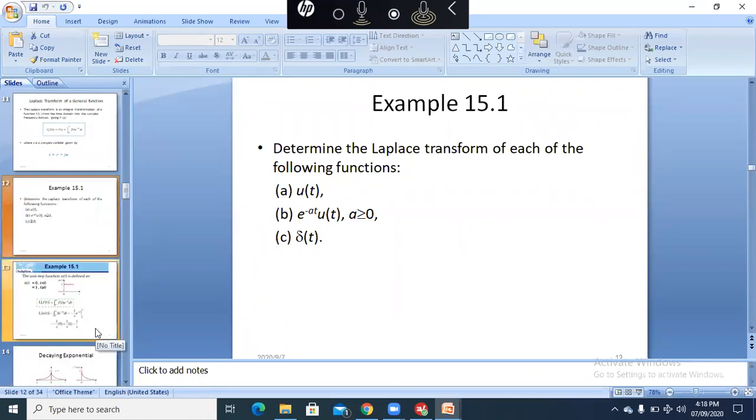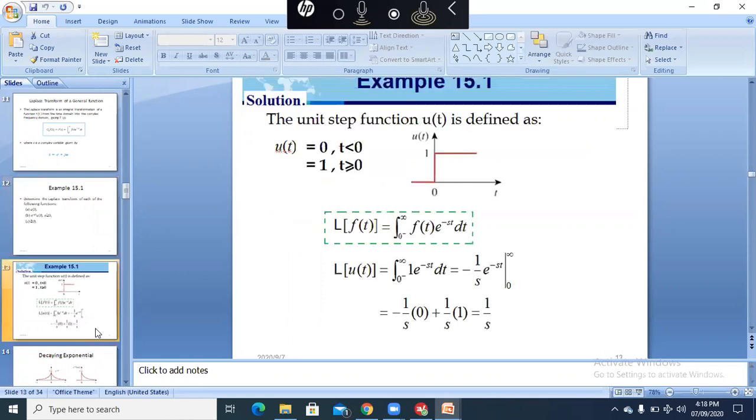And let's see, we use the formula of Laplace transformation. So first we see the function u of t. You know the unit step function is 1 at time 0, and it will be constant after t is equal to 0, and we can describe it in time domain.